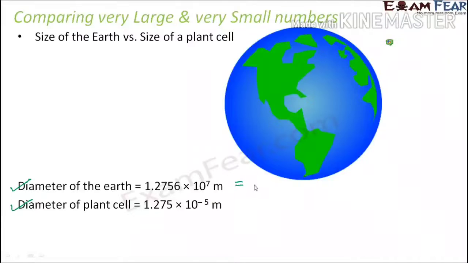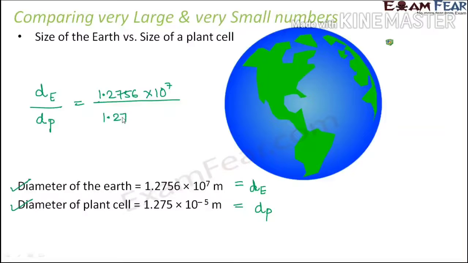Let's denote the diameter of the earth by dE and the diameter of the plant cell by dP. So the ratio of the earth's diameter to the plant cell's diameter would be equal to 1.2756 into 10 to the power 7 divided by 1.275 into 10 to the power minus 5.